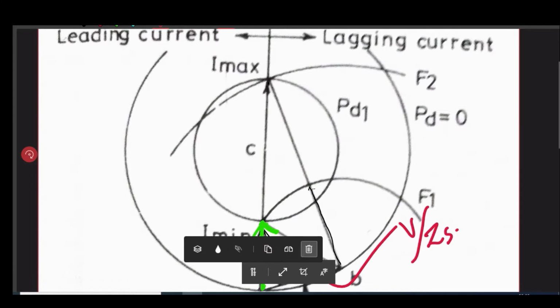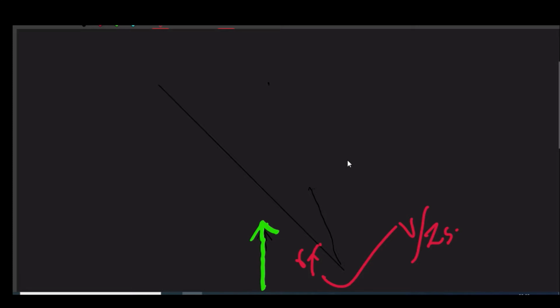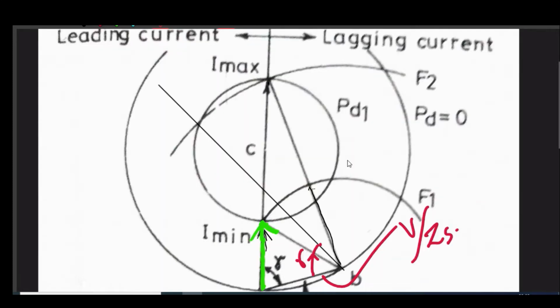This is the case. Here only we will get the value of current.